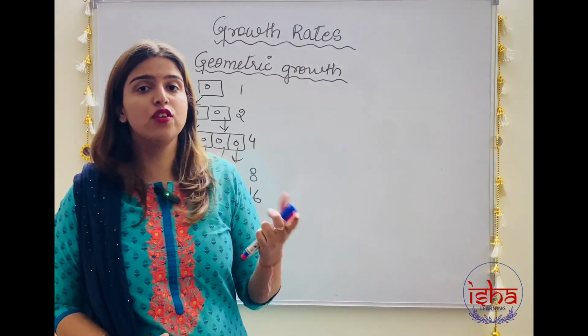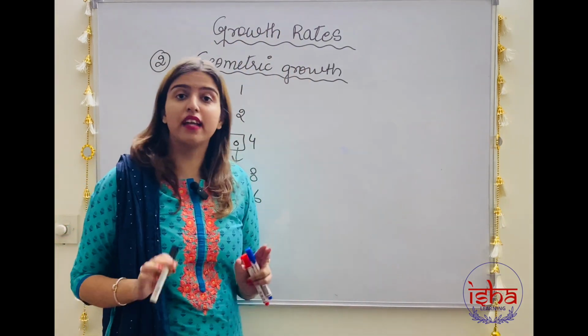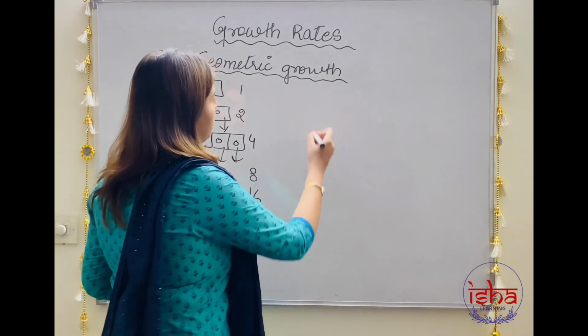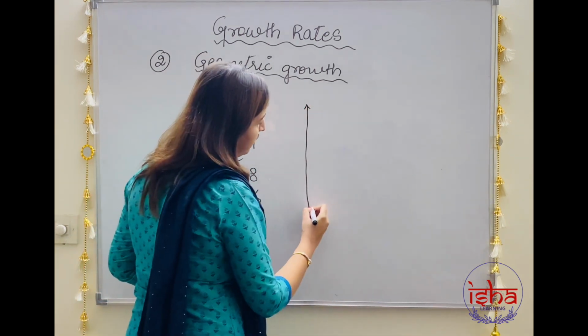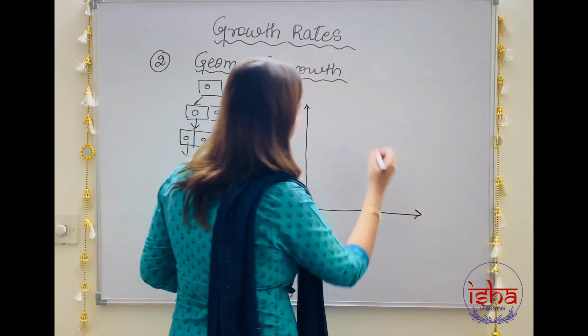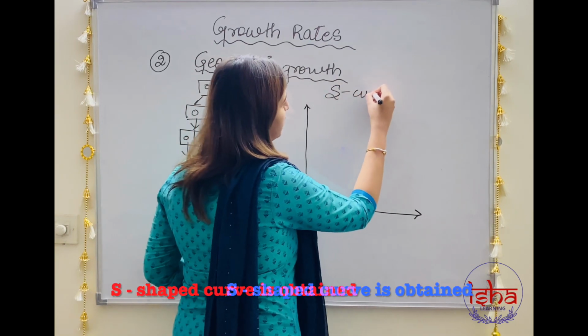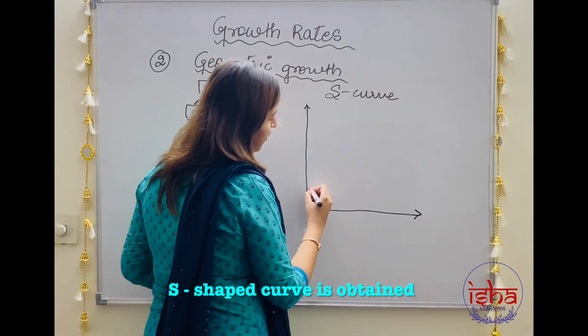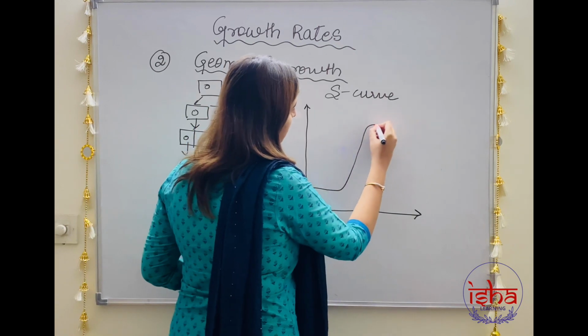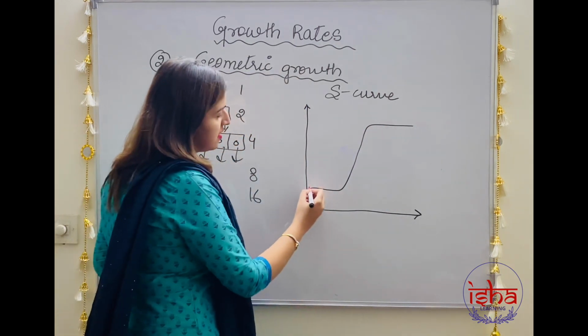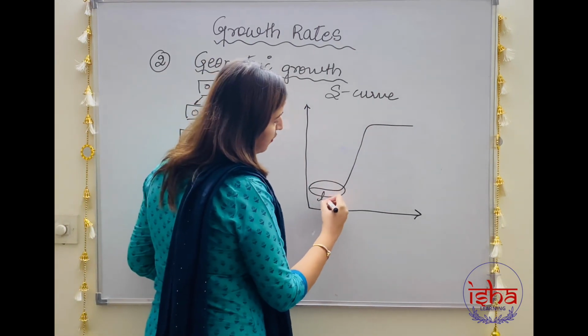Now let's move on and try to depict this situation graphically. On plotting a graph, an S-shaped curve is obtained, having three phases. The first phase is known as a lag phase.